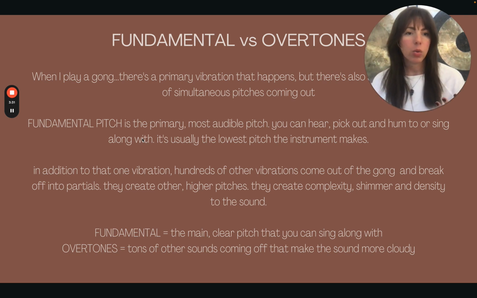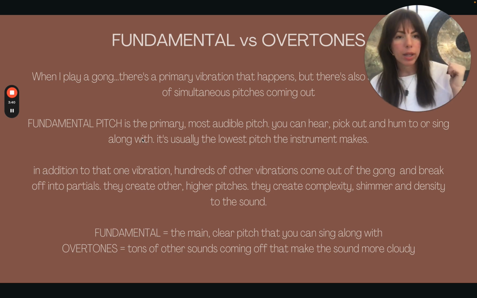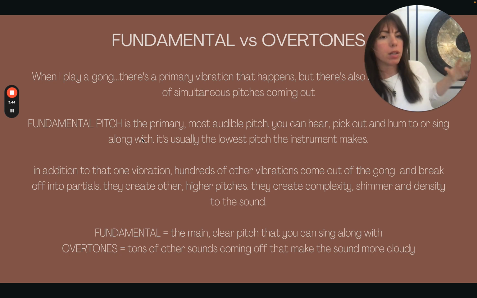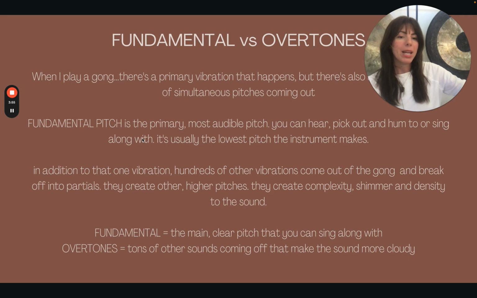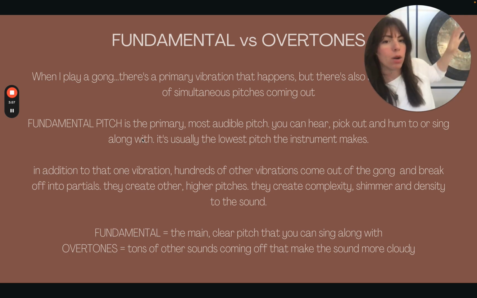So this is sort of where I'm going to get into this now. We're stepping away from Cliff Notes version and we're going to get a little bit deeper into this. So what happens when I play a gong? There is a primary vibration that happens. This gong has been produced in a way that there's one main vibration that comes out, but it's this big round thing.